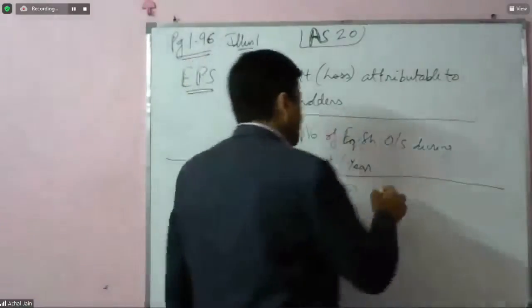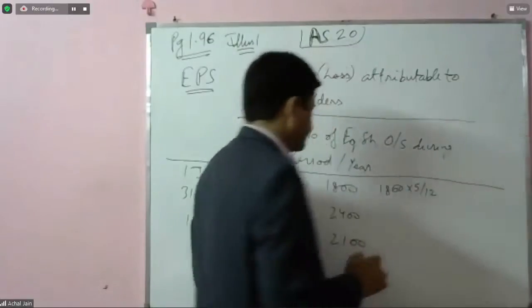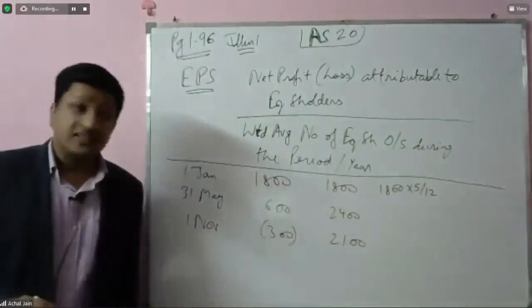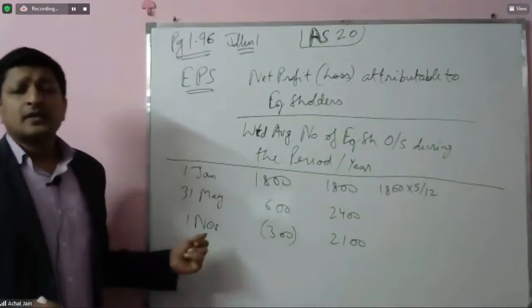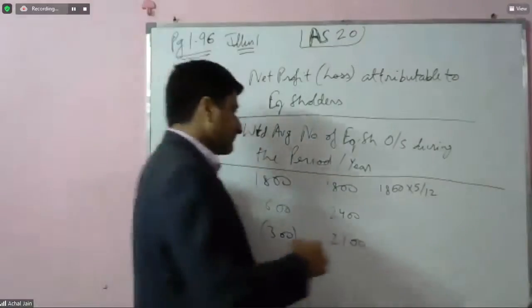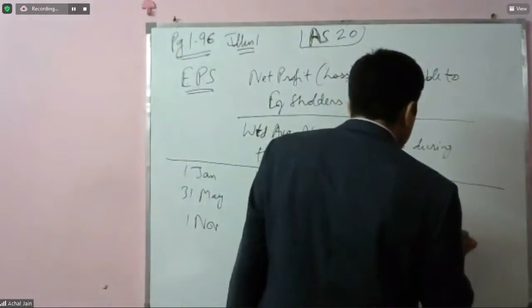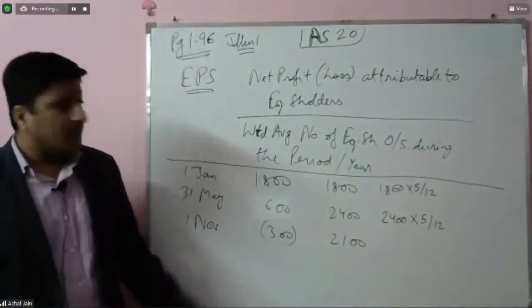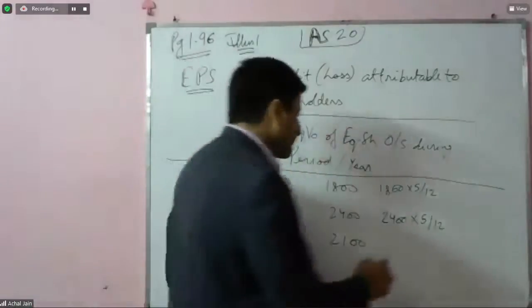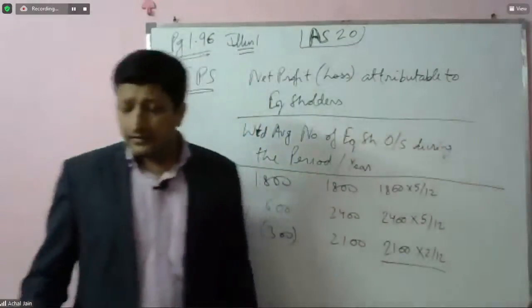So 1800 into 5 divided by 12. Then the change came on 31st of May, which continued up to 1st of November. That means we had 2400 shares for 5 months, into 5 divided by 12. And then we had 2100 shares for 2 months, into 2 divided by 12.